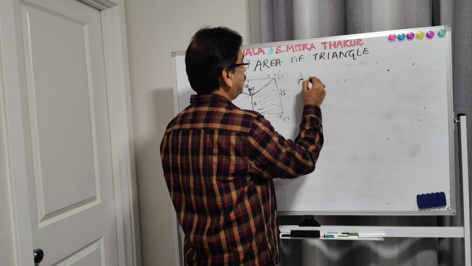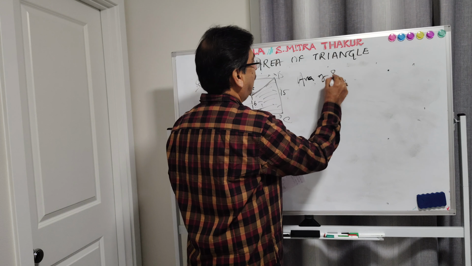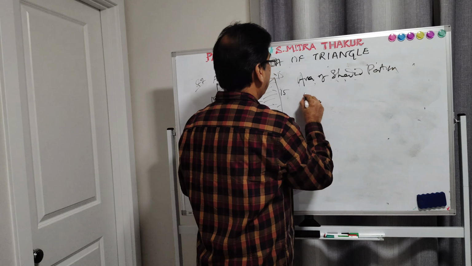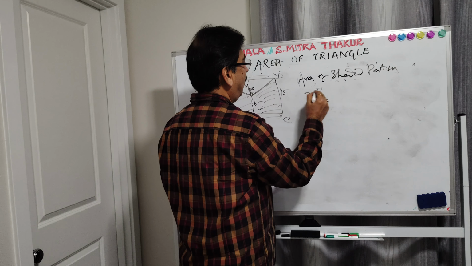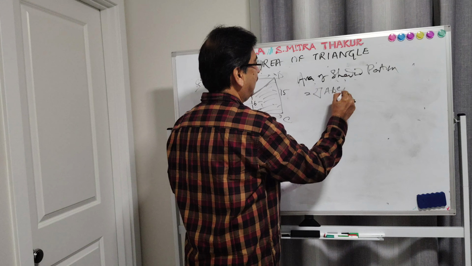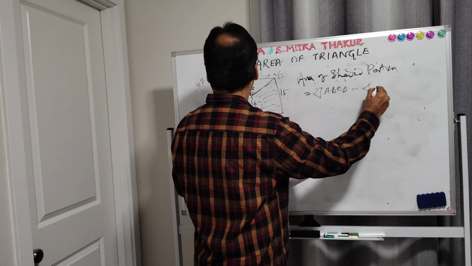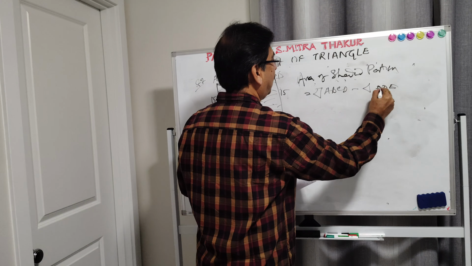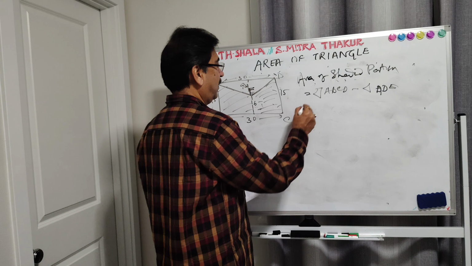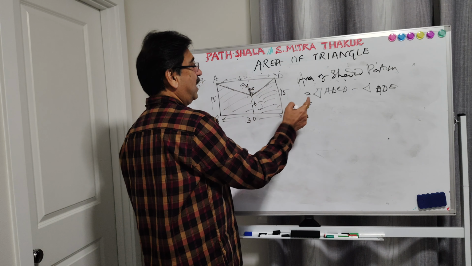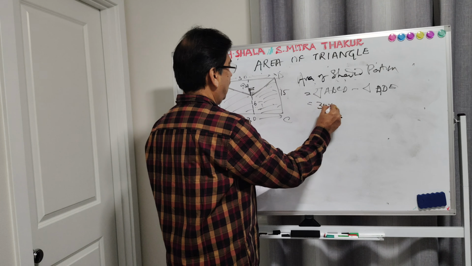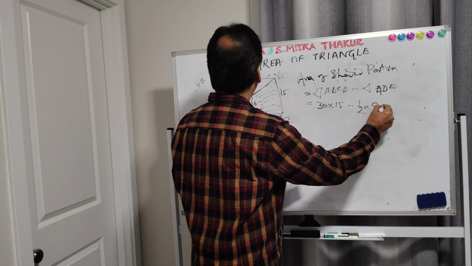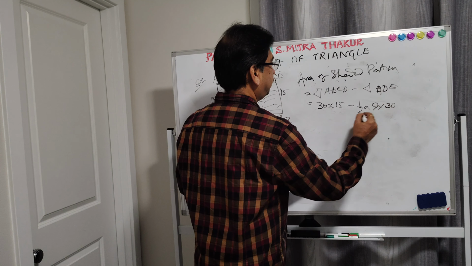So the area of shaded portion is equal to the area of rectangle ABCD minus triangle ADE. That is rectangle 30 into 15 minus half into 9 into 30.